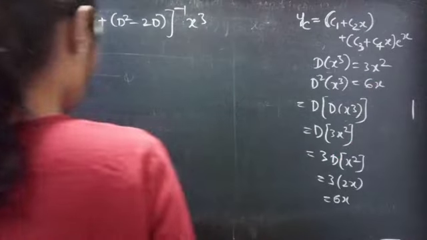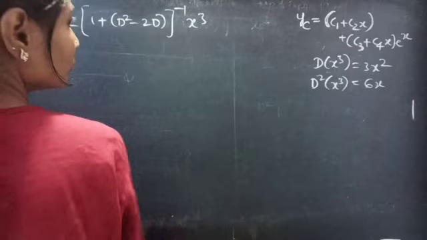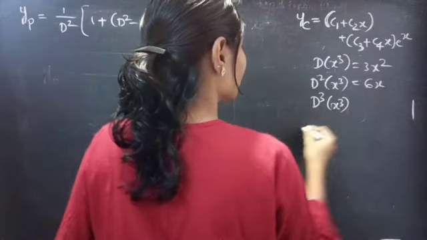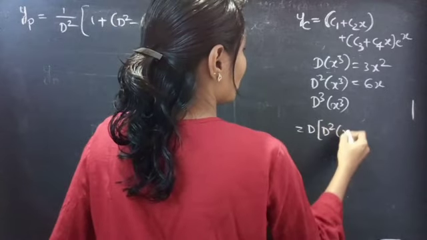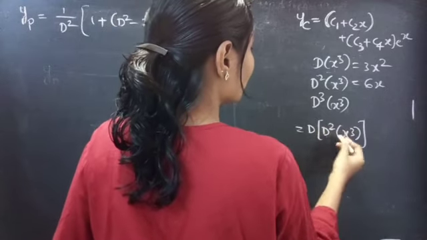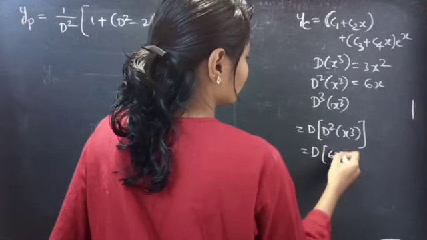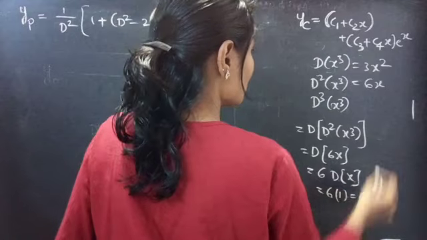Now find D cube of x cube, which equals the derivative of D square of x cube. We have the value of D square of x cube, which is 6x. Now we can write it as the derivative of 6x, and the derivative of x is 1, so 6 into 1 is 6.